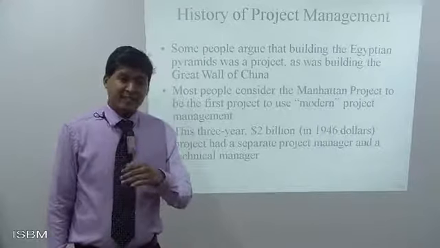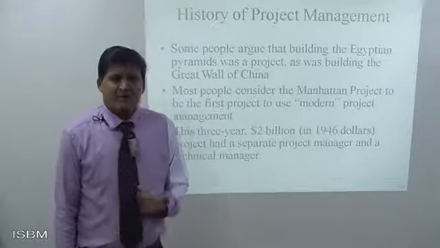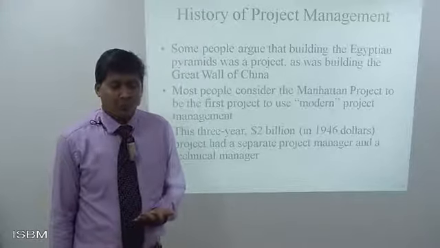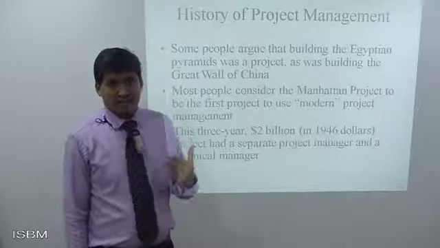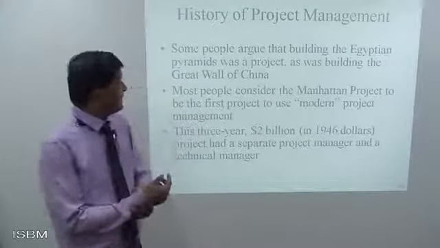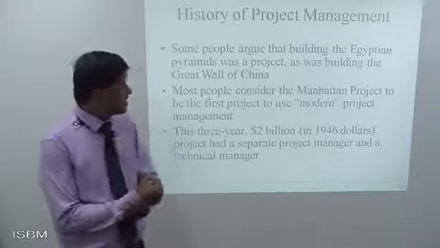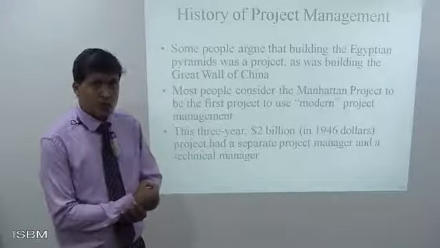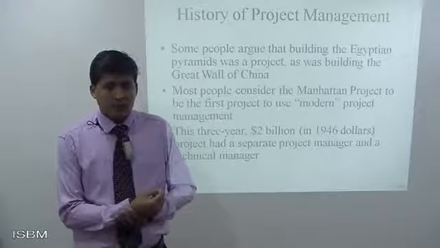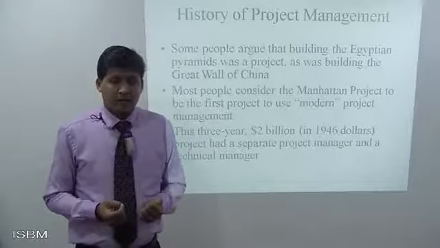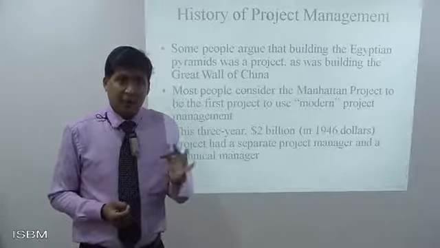This is a very interesting part of it. We always knew project management as a word more colloquially in the last 20, 30, 40 years. But historically, some people argue that the building of an Egyptian pyramid was a project, as was building the Great Wall of China. All these 7 wonders, they say, started off as a mission, as a project.